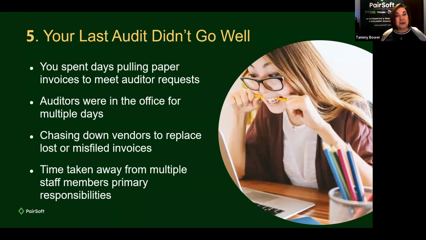So those are the 5 reasons that we believe, if you're suffering from any of these areas, that it's time to look at a document management AP transaction automation solution like DocuPeek. So I'm going to go ahead and I'm going to minimize my screen here, and we're going to stop this slideshow.